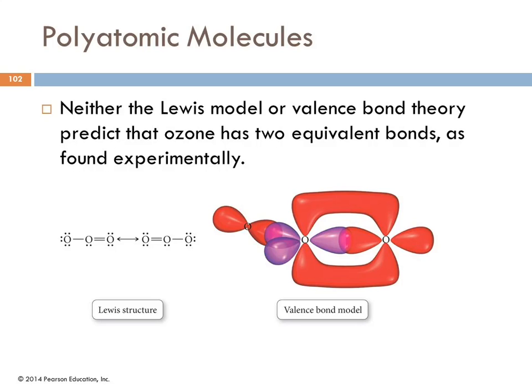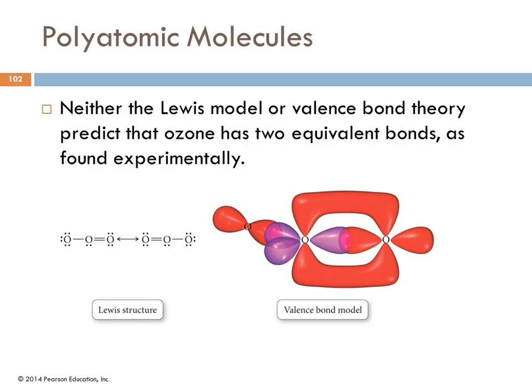So when we look at ozone, here are the Lewis structures for ozone. There's resonance because we have a double bond and a single bond, and it's actually that they're in between. The valence bond model can't handle that either. You can have the double bond here and the single bond here, or vice versa. It cannot do the resonance.